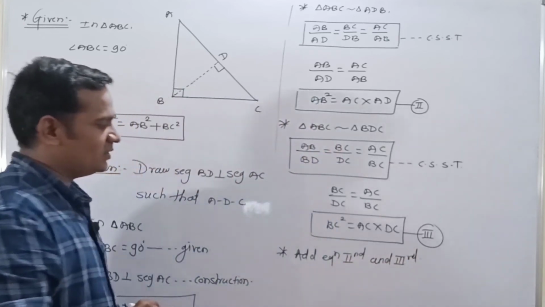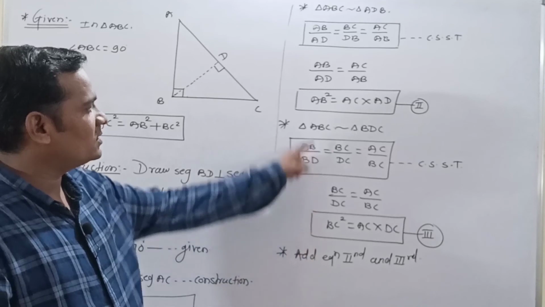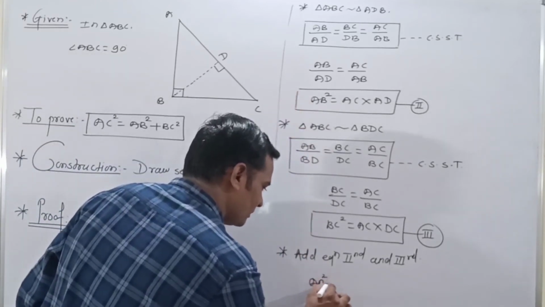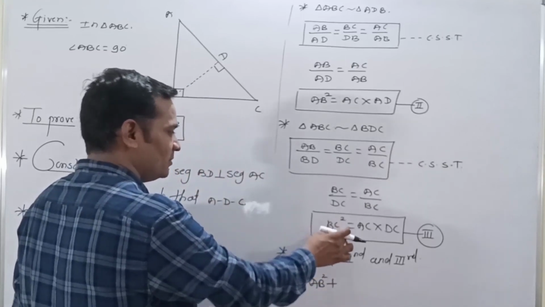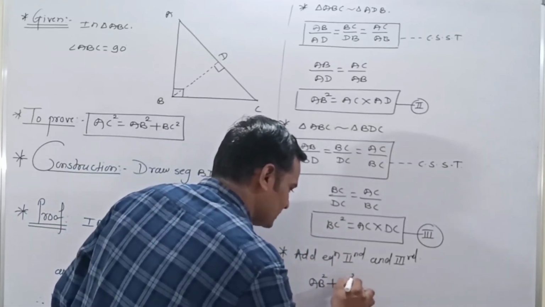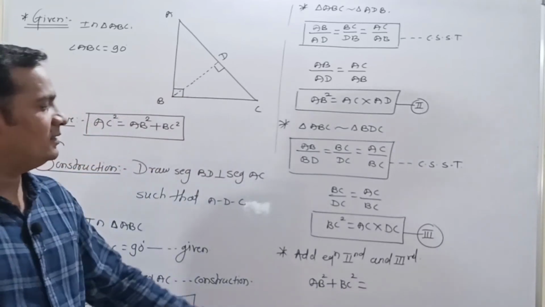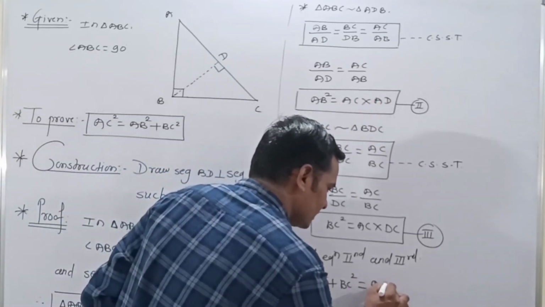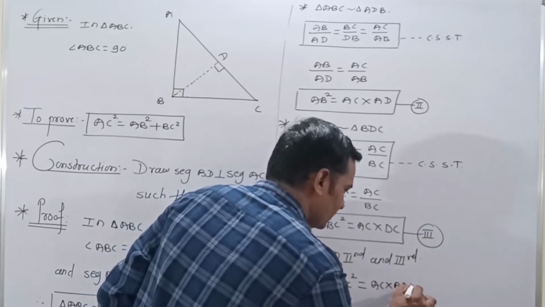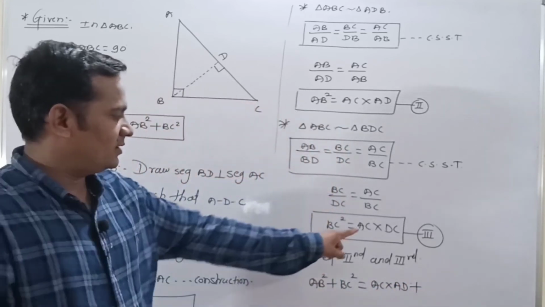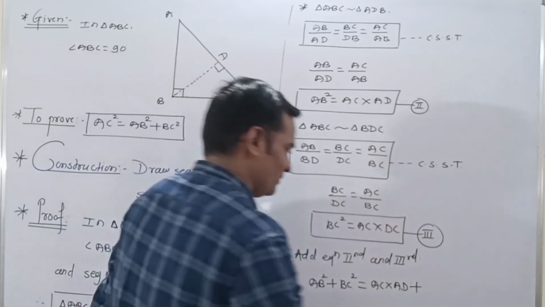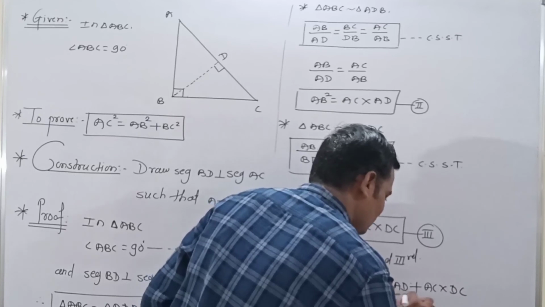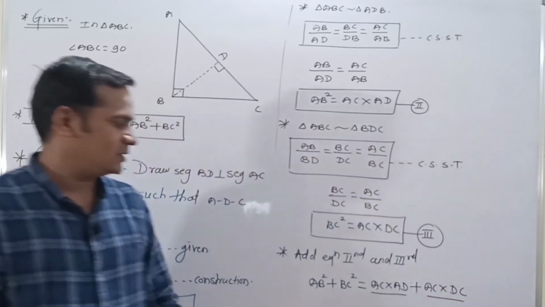LHS of equation number second, AB square, plus LHS of equation number third, BC square, is equal to the sum of the RHS: AC into AD plus AC into DC.